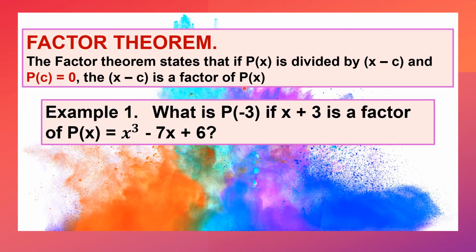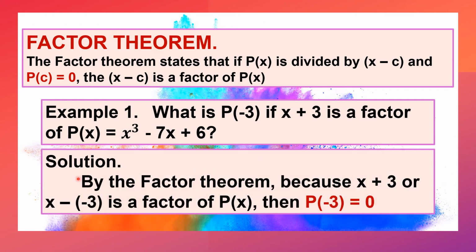Let's have an example applying factor theorem. Example number 1. What is p of negative 3 if x plus 3 is a factor of p of x equals x cubed minus 7x plus 6? Solution.